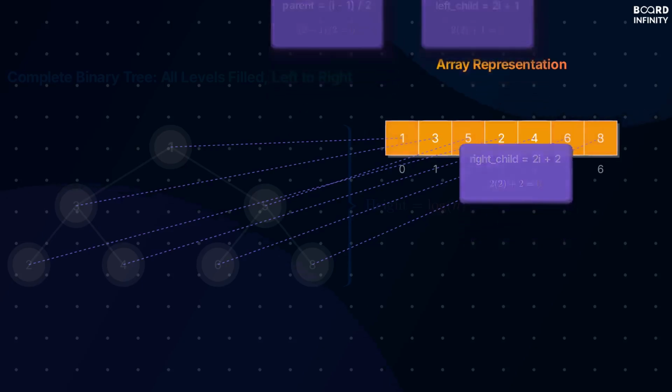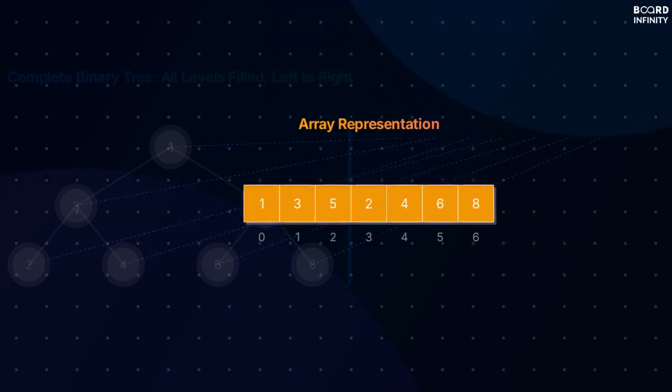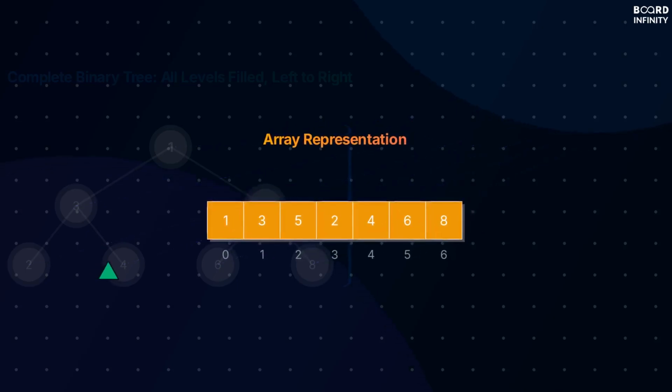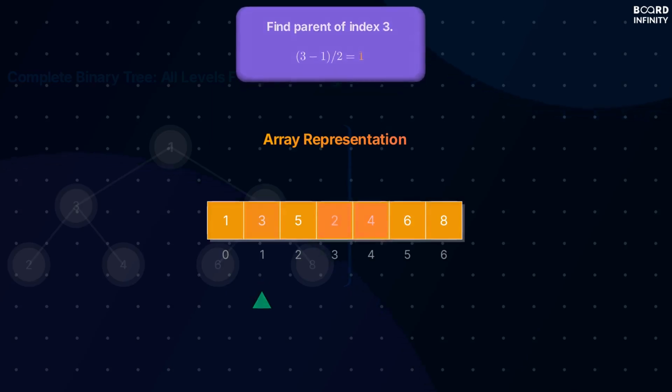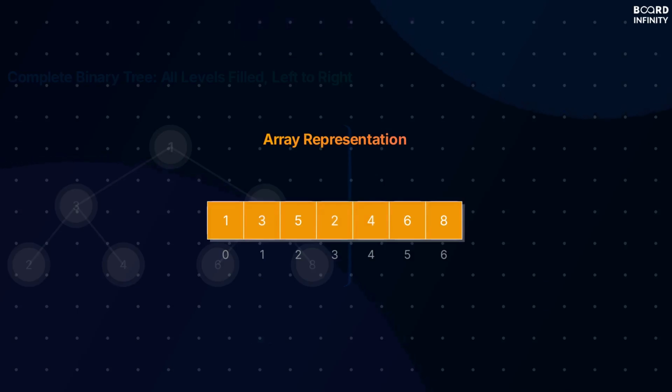This index-based system provides direct access, enabling us to quickly locate an element's parent or children. For instance, to find the parent of the element at index 3, we simply apply the formula. Similarly, to find the children of the element at index 1, we use the corresponding formulas. This demonstrates the bidirectional navigation capability, all through simple integer arithmetic.